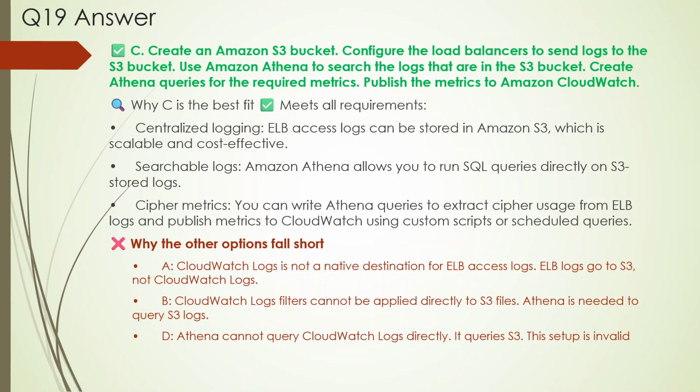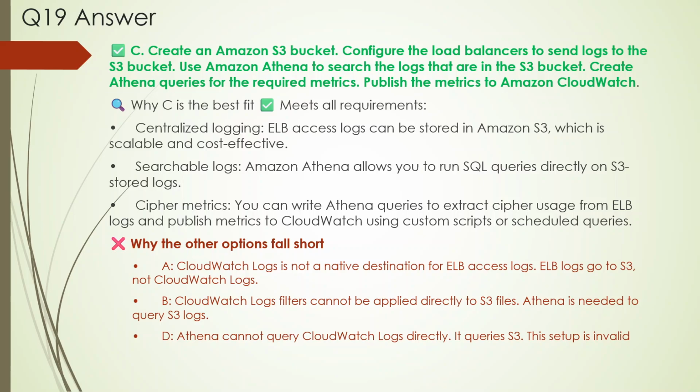For searchable logs, you use Amazon Athena to run SQL queries directly on S3 stored logs. For cipher metrics, you can write Athena queries to extract cipher usage from ELB logs and publish the metrics to CloudWatch using a custom script or scheduled query.